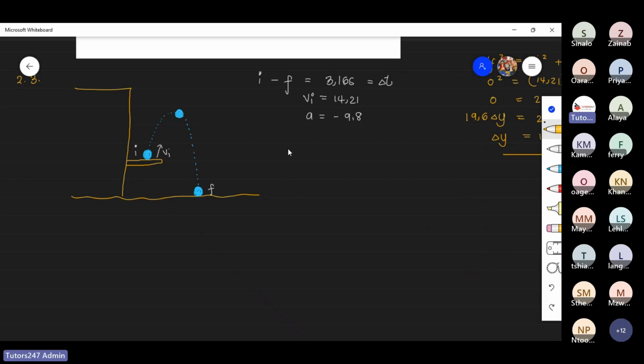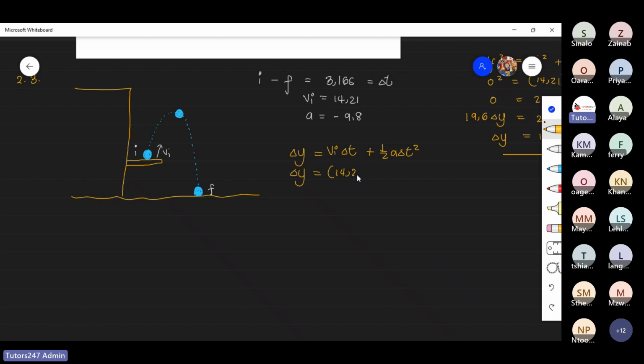So equation 3 is displacement is equal to V initial delta T plus 1 over 2 A delta T squared. Now let us start to substitute. We do not know the value of delta Y. That is what we are calculating for. So we're going to leave it as delta Y. Next, we have our initial velocity, which is 14.21.